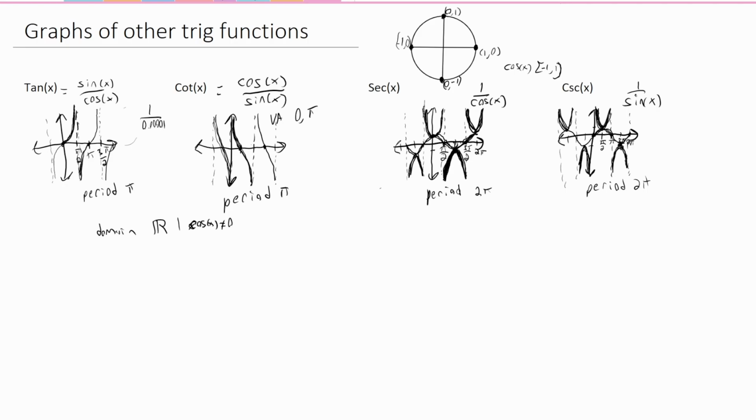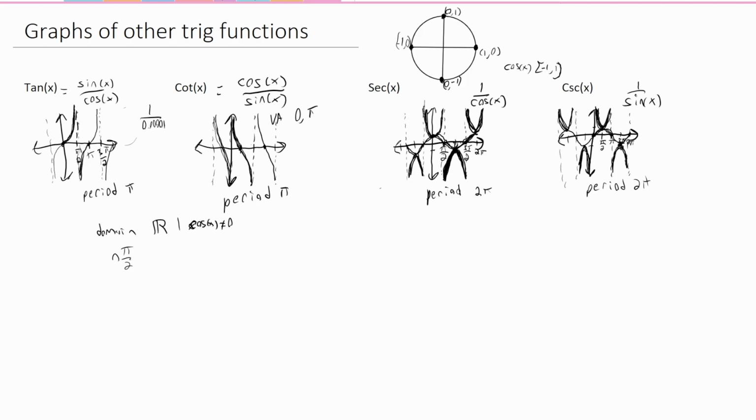So those are multiples of, again, pi over 2. And so the way you'd write that is you'd say n times pi over 2. So for example, if n was -5, -5 pi over 2 is going to be a vertical asymptote. If you set n to 3, 3 pi over 2 is going to be a vertical asymptote. If you set it to 7, 7 pi over 2 is going to be a vertical asymptote.